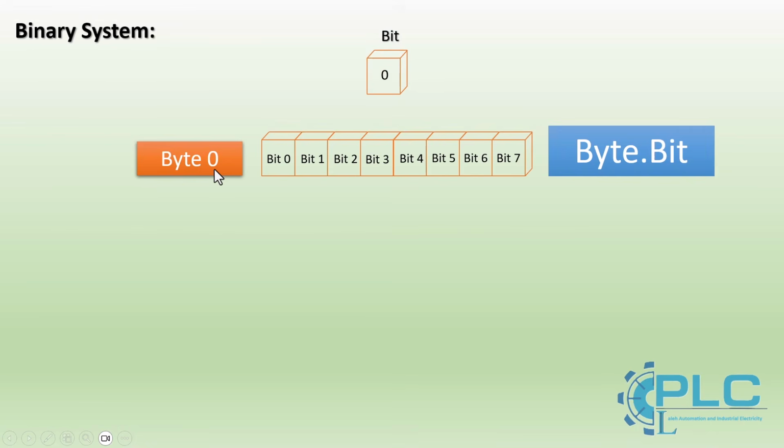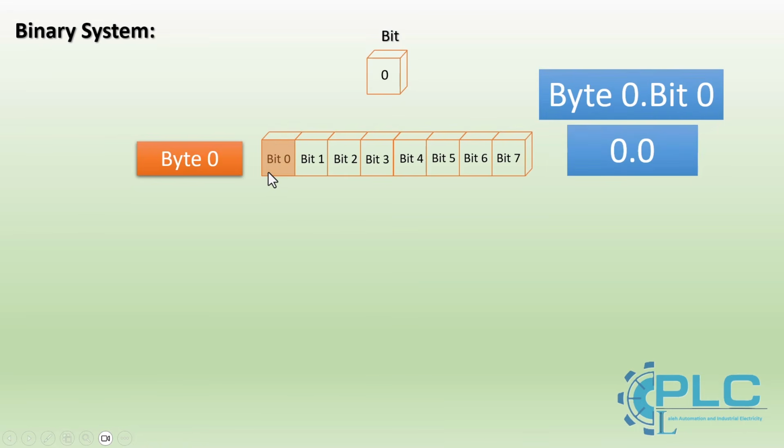A byte contains 8 bits, numbered from 0 to 7. If we want to access bit 0 of byte 0, the byte and bit part of the address is 0.0. The first 0 is the byte address, byte 0. The second 0, after the dot, is the bit address, bit 0.